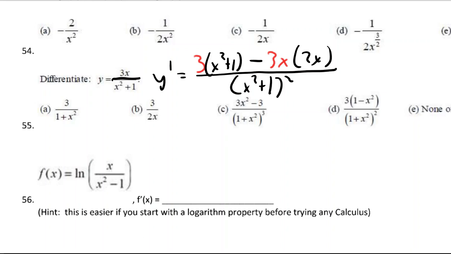Okay, so there's the calculus behind this, but again, now I'm looking at the choices and none of them look like this. So we have to try to simplify this and see if there's some stuff that will combine together. So I'm going to guess that I should distribute this 3. I'm going to distribute this 3x.